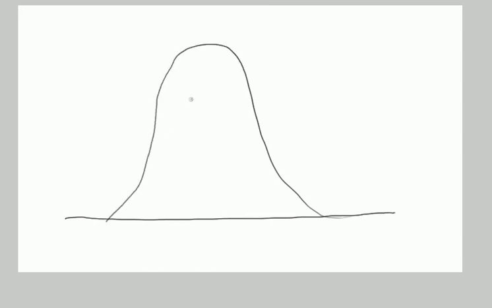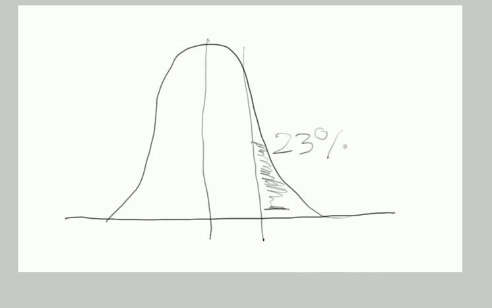So let's say that we have some distribution here, and for example, in that wine shop question in the Keynes, it says that something like 23% of customers buy wine above a certain amount. So we know that this area here is 23%.